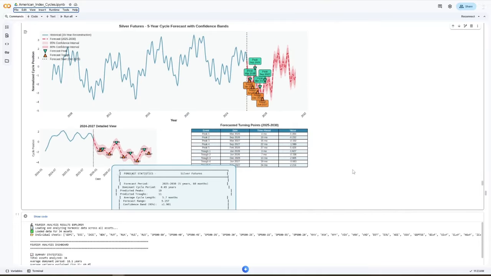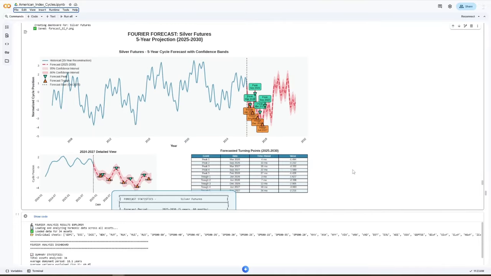And we'll see what will happen. It's interesting. So silver is going to find a bottom in January, up in March 2026, but then it's sort of a bear rally because there's another trough in July 2026. So we can see here how the market will behave in a sequence.